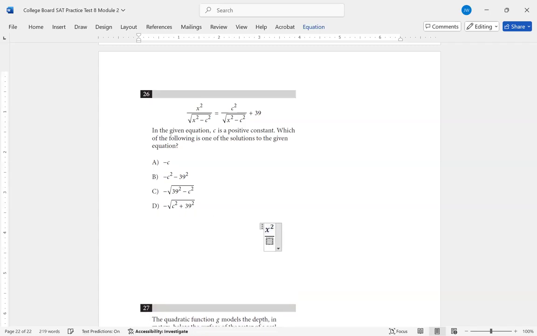We have x squared over the square root of x squared minus c squared, and that's set equal to c squared over the square root of x squared minus c squared. So what I'm going to do is subtract that entire fraction, the c squared over that ugly square root, from both sides of my equation.